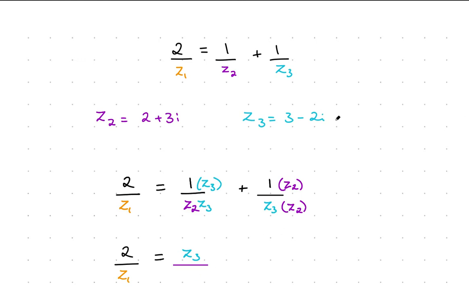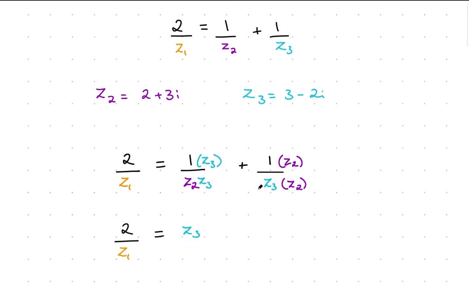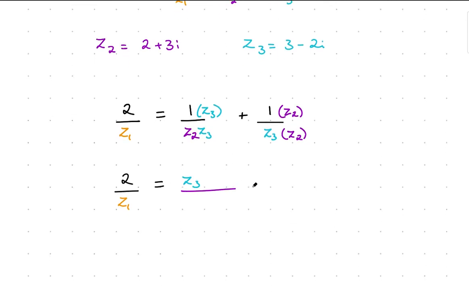And actually, I can write that as one long fraction because they both have the same denominator now. So I'm going to write them over Z2 Z3 because they've got a common denominator now of that. So plus 1 by Z2 is going to be plus Z2.